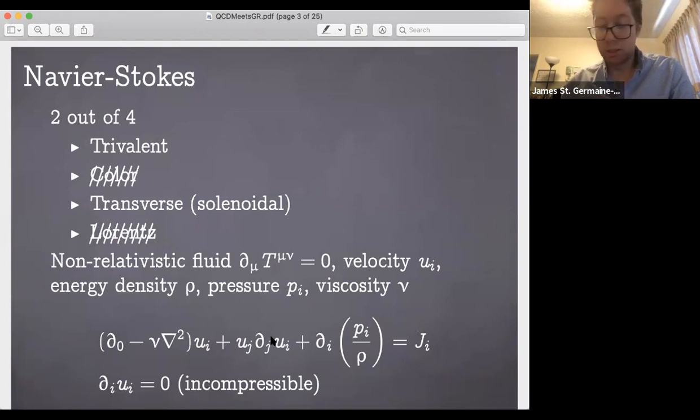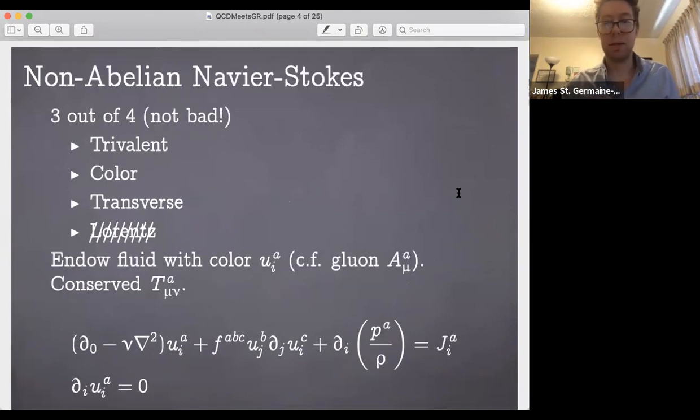You get something that looks like this, but we can make it look a little bit nicer for amplitudes if you just slap a color on everything. You're just trying to go from photons to gluons, essentially. So you put a color index everywhere, and you have to put in a structure constant. Now you have three of the four properties that Yang-Mills has.